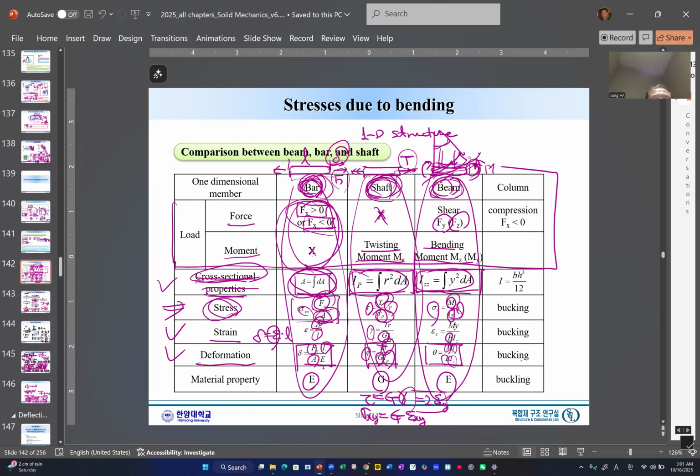That's physics. In all kinds of force and deformation, all this kind of mechanics, we can observe these types of analogies. So that's one very important message I would like to emphasize.